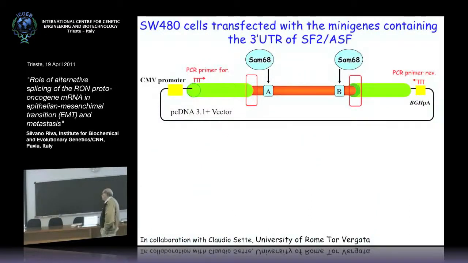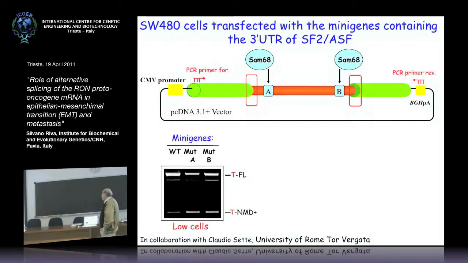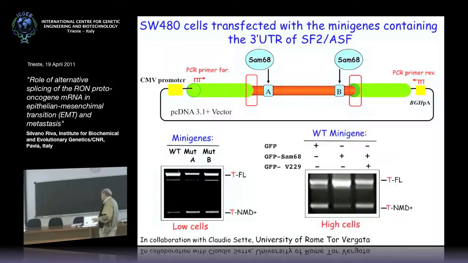And then they tested that by producing a mini gene that contains this region, and then transfect it into the cell. You reproduce on the transcript of the mini gene the same thing that happens to SF2 non-coding.